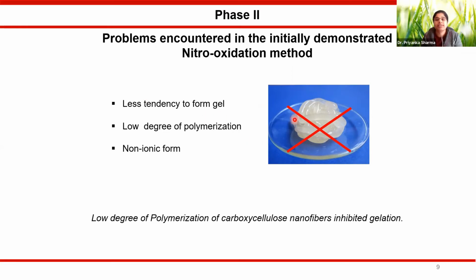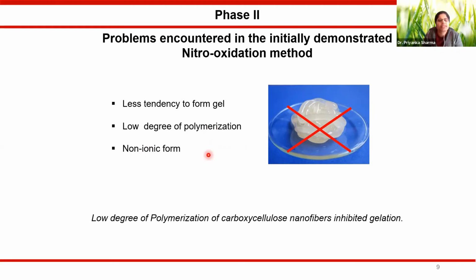One drawback was that the NOCN cellulose nanofiber suspension was not giving gelation, and usually when we see CNFs from other conventional processes like TEMPO, they give gelation very quickly or at very low concentration, like let's say 0.28% or so. That was one of the things that stuck in my mind.